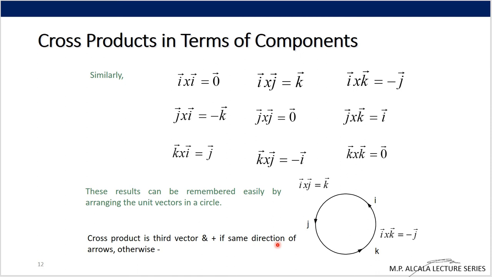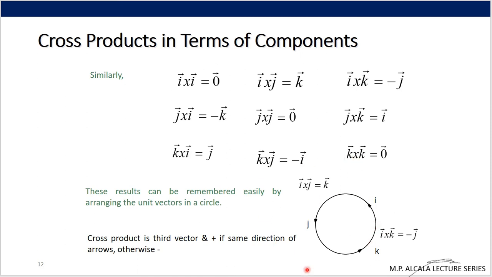So i cross i is 0. j cross i is k. k cross i is j hat. I can explain this visually in our live explanation, or before your quizzes, in order for you to understand properly because it's hard to demonstrate in this case.